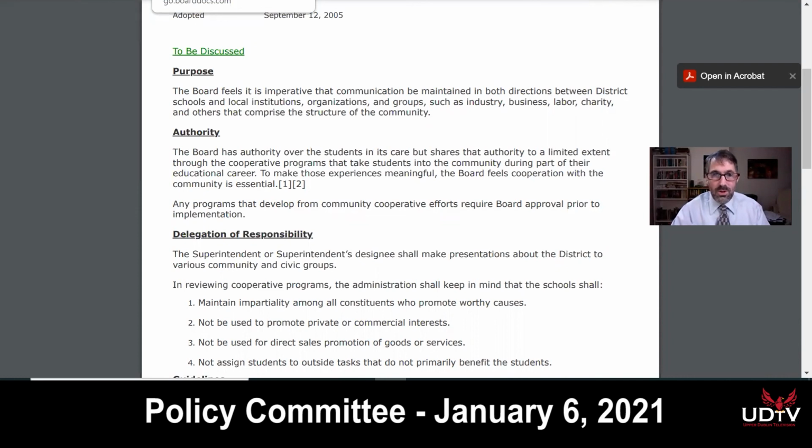It's not really clear if it's addressing the specific topic of community groups who wish to address our students, or us finding members of the community to speak to our students, or a variety of other things. And I think all of that does need to be cleaned up. And I do think that the changes that we made recently to 901 have gone a long way towards that.